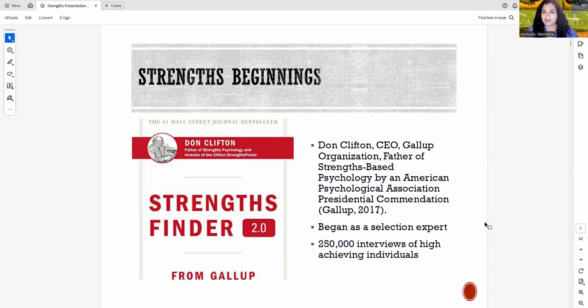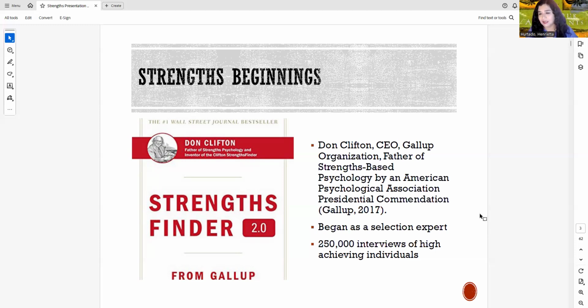So the beginnings of the strengths assessment came from a psychologist named Don Clifton, who is considered the father of strengths psychology and the inventor of the actual Clifton Strengths Finder assessment.